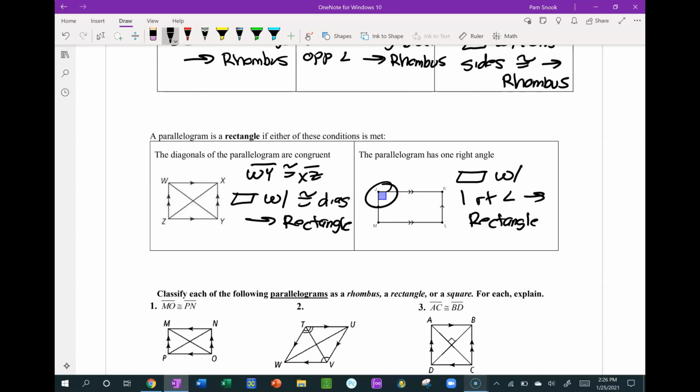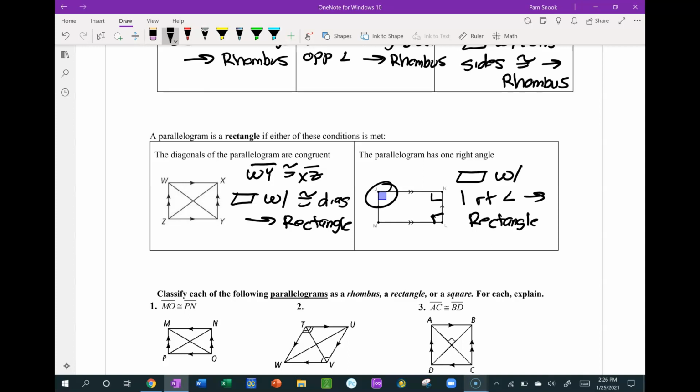And the reason is pretty simple. Because a parallelogram has opposite angles congruent, then L has to be congruent to J. J is 90, so L has to be 90. Because a parallelogram has consecutive angles supplementary, next to J is angle K, and to be supplementary, that also has to be 90 degrees. 90 plus 90 is 180. And then for the last angle, angle M, take your pick.